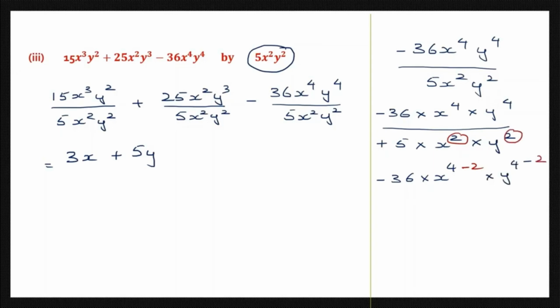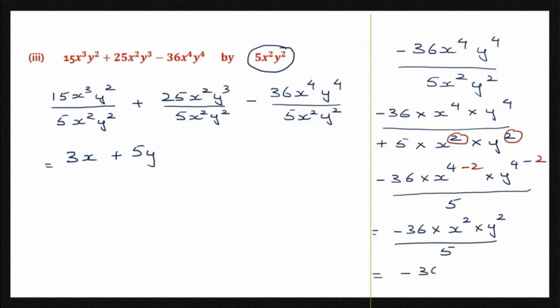So now in the denominator, we only have 5. X and y have been removed. So now what do we have? Minus 36 into x to the power of 4 minus 2 is 2 into y to the power of 4 minus 2 is 2 by 5. So this is minus 36 x square y square by 5.